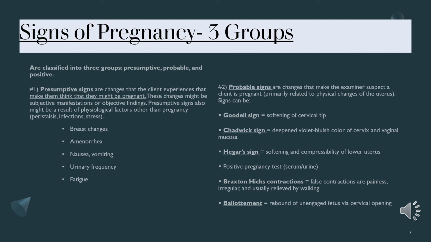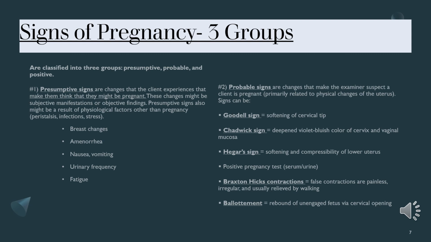Those are the ones that if people start having them, then, talking with other family members or whatever, they will say, oh, maybe you're pregnant. We'll presume that you are pregnant. Okay. Probable signs of pregnancy.